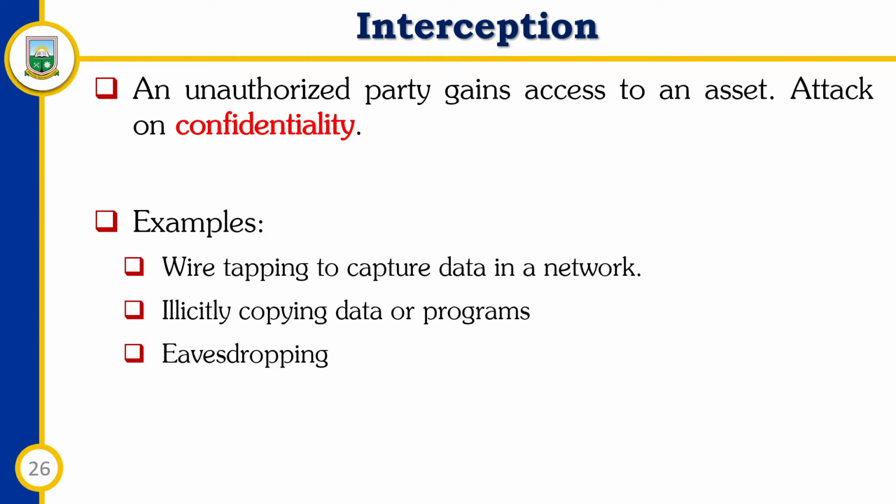So examples are these three: tapping to capture network data in a network. So you are not supposed to have access to some asset, but because you are able to intercept such information, it falls within a confidentiality attack.